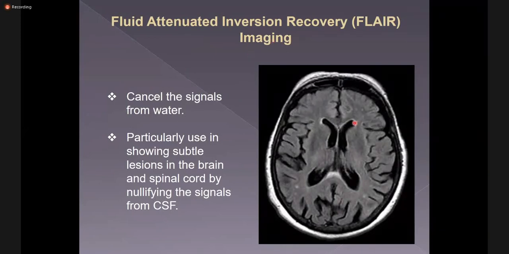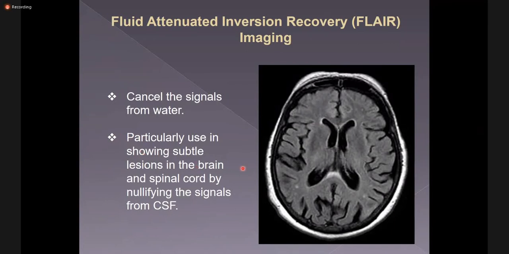This is basically a T2 weighted image in which we cancel the signals from the simple water, CSF. Water is black, white matter is dark, gray matter is gray, and the subcutaneous fat is white. So this is basically a T2, but we cancel the signals from the water or simple fluid in the body.